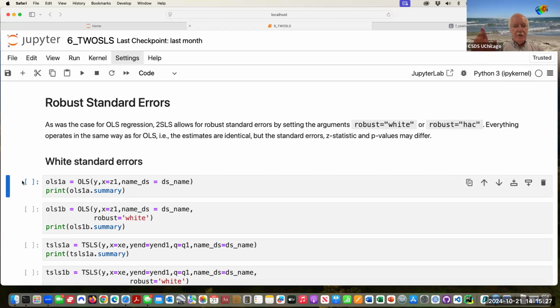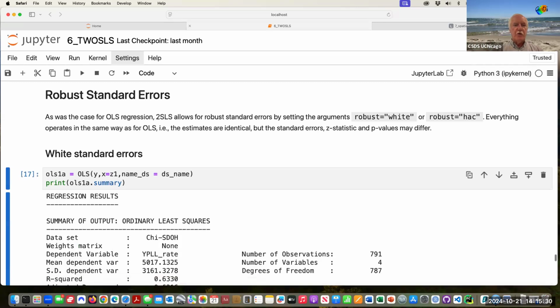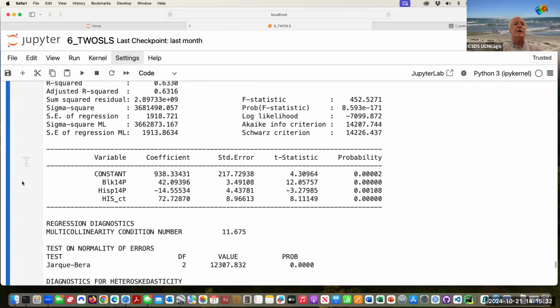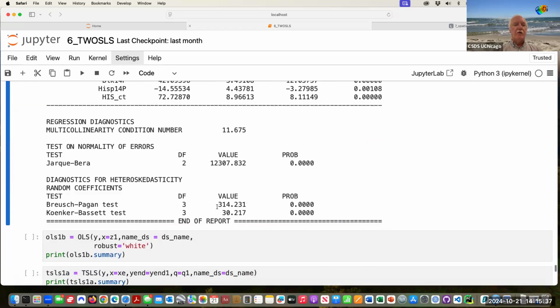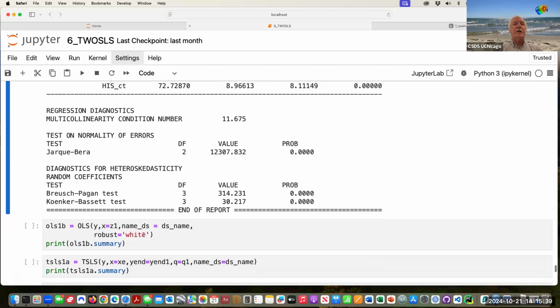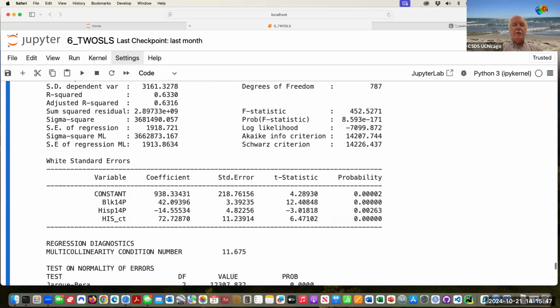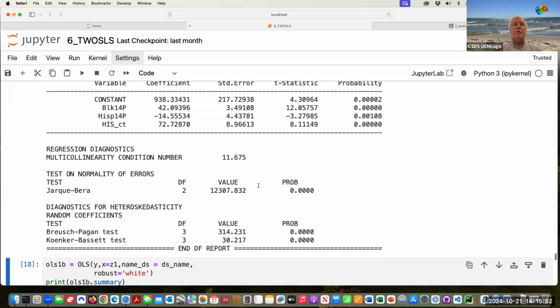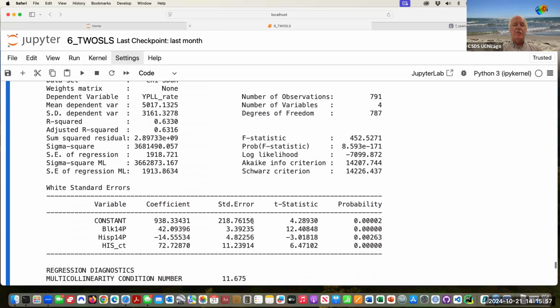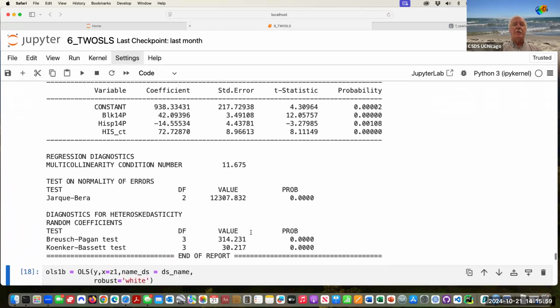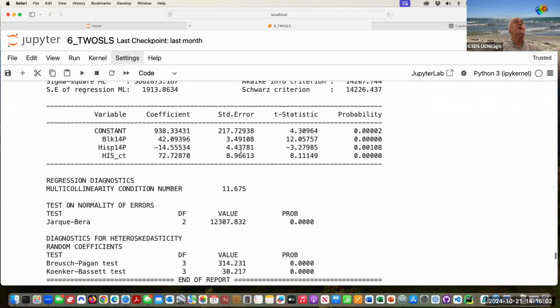Just to repeat, this is already in the notebook, but just to show you the standard errors, this is the classic case, right? These are the standard errors. And so now we're going to set robust equal white. And here are the standard errors. So this is 11.239 compared to 8.966. 4.82 compared to 4.43.